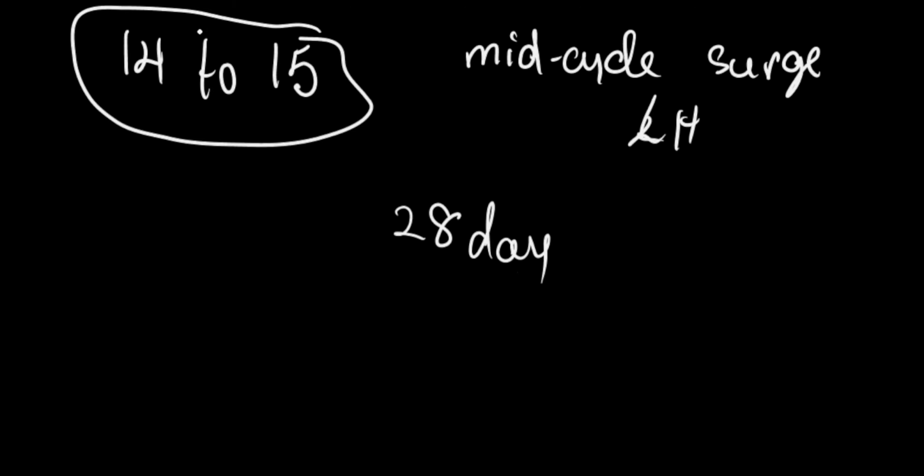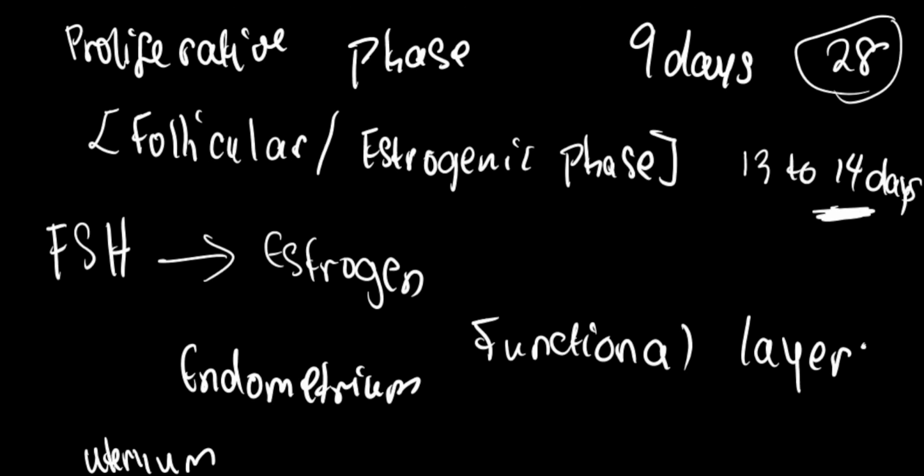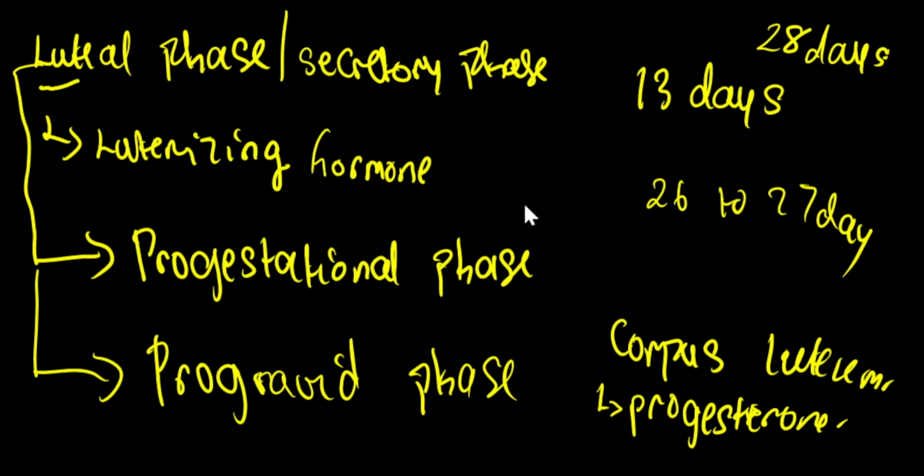Of course day 14 to 15 is at the end of the proliferative phase. So ovulation has already taken place and the corpus luteum has already been formed. We're entering into the luteal phase, and then we have the formation of the corpus luteum, the production of progesterone.